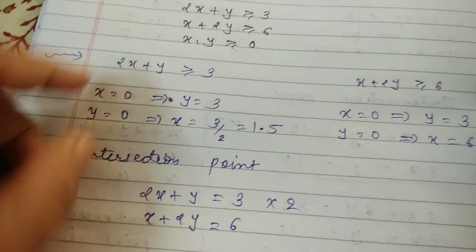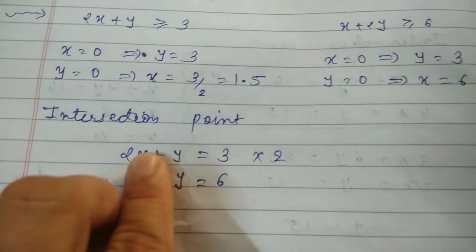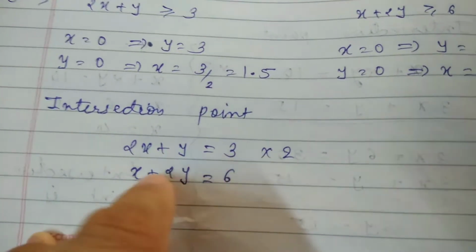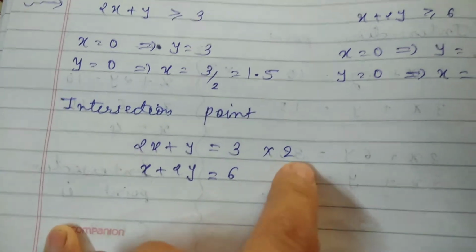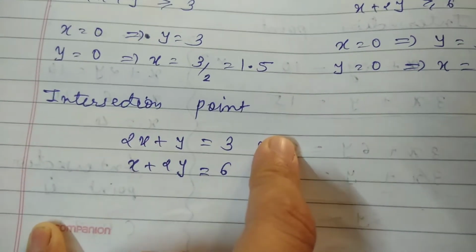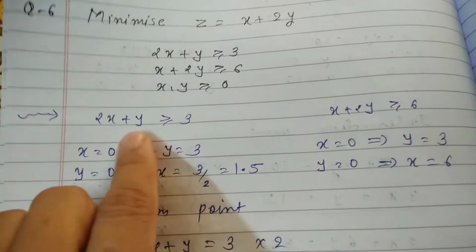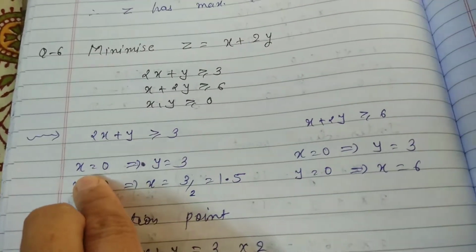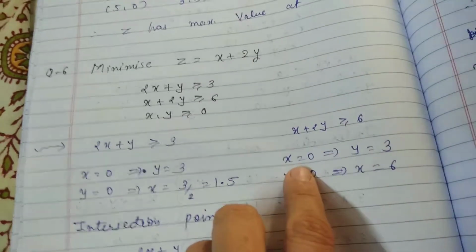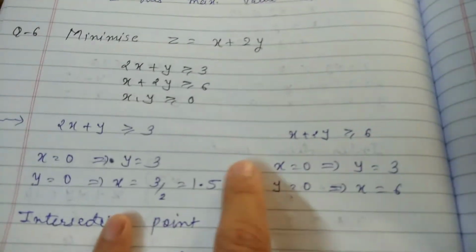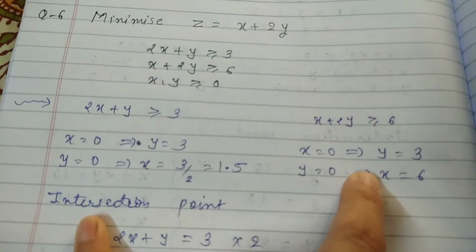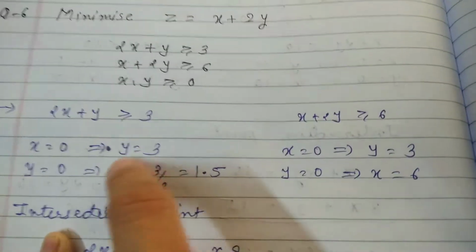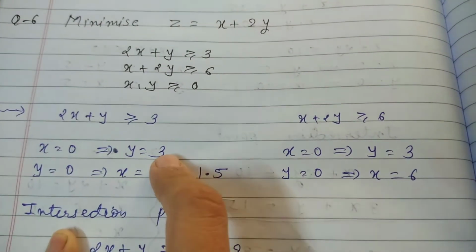Now the intersection point we are also finding here, of 2x + y = 3 and x + 2y = 6. You can see from these two lines, x = 0 and y = 3. So the intersection point will be (0, 3).